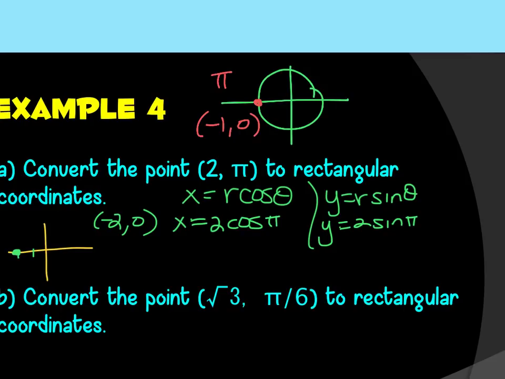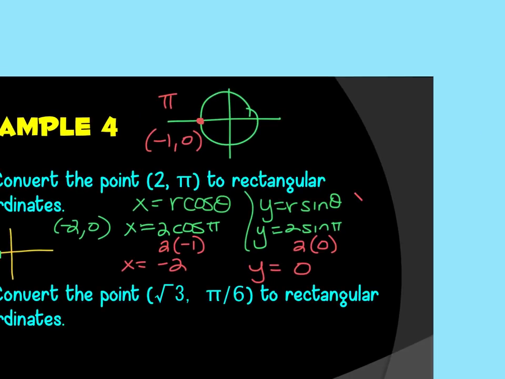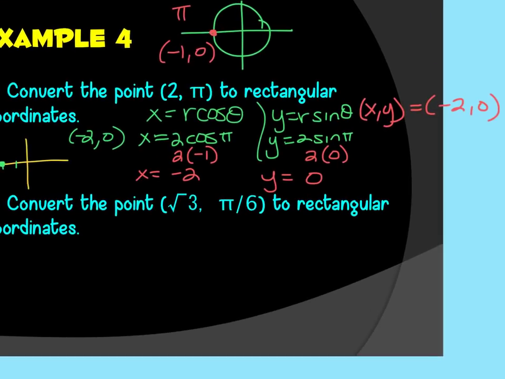Mm-hmm. So the cosine is what? Cosine would be 2 multiplied by -1? Yep. And you'd get -2, and the sine is 0, and you'd get 0. So that's your x, that's your y, and you'll write your answer as x, comma, y equals -2, 0. What a pain.